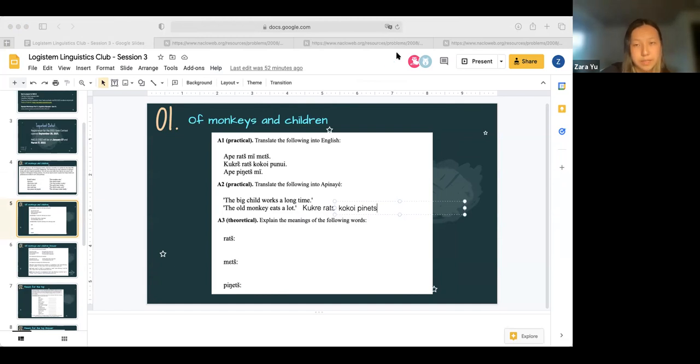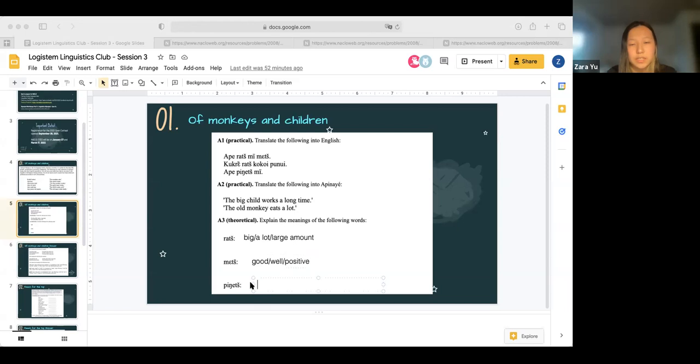Now we want to explain the meanings of the following words, which we kind of did on this slide already. So RATS means like big or a lot, or just a large amount of some sort. METS means good or wealth, or just like some sort of positive meaning here.